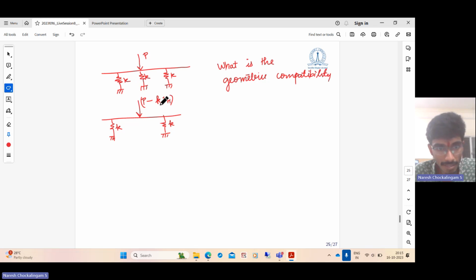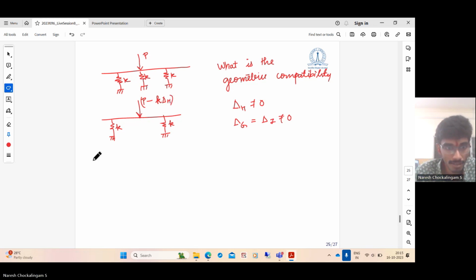You can see that there is no rigid support, therefore delta H cannot be 0. Delta G, delta I cannot be equal to 0. So what is the geometric compatibility condition? To see that, let us look at the equilibrium of this. So the force in the spring is K times delta H.